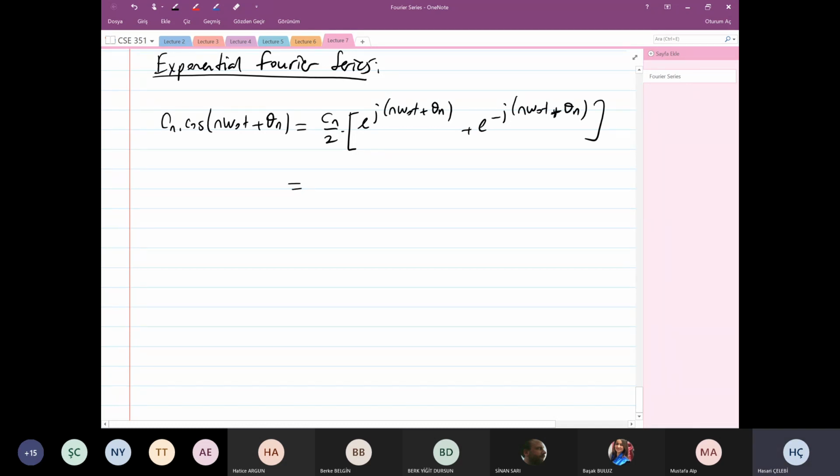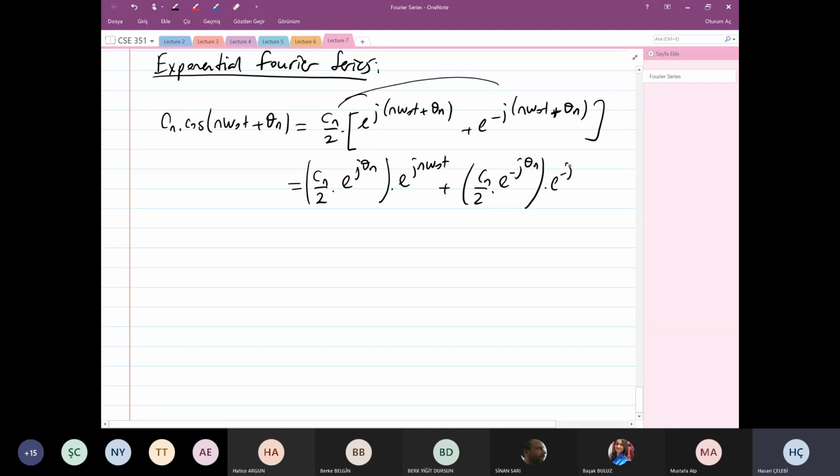Which is going to be equal to, if you expand this, Cn over 2 times exponential j theta n times e to j n omega 0 t plus Cn over 2 exponential minus j theta n exponential minus j n omega 0 t.